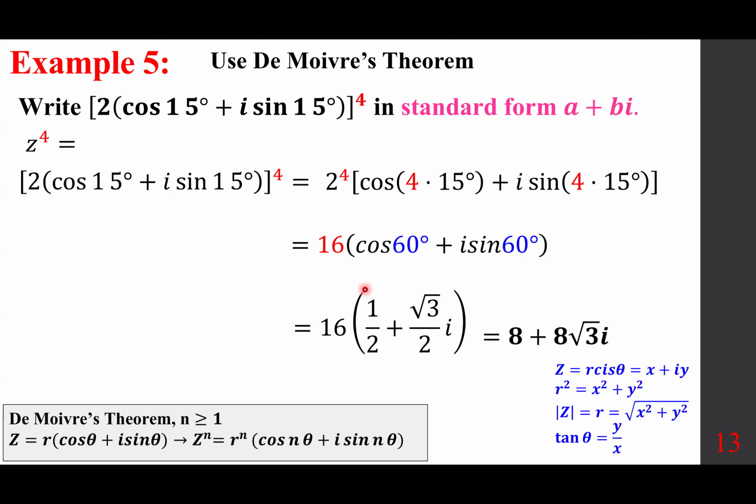A quick recap. De Moivre's theorem says if you want to raise a polar number to any power, you raise the modulus to that power and then you multiply the argument by that power. That's exactly what it says here, and this is what we've done.